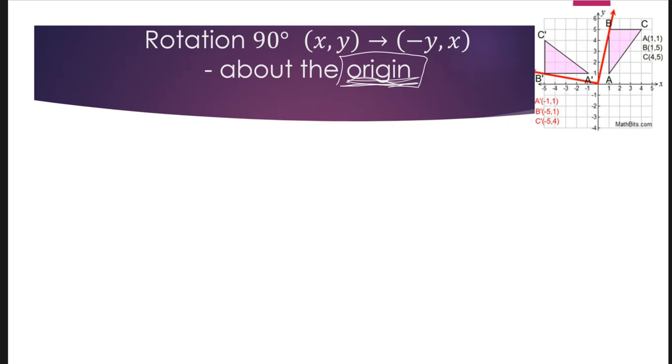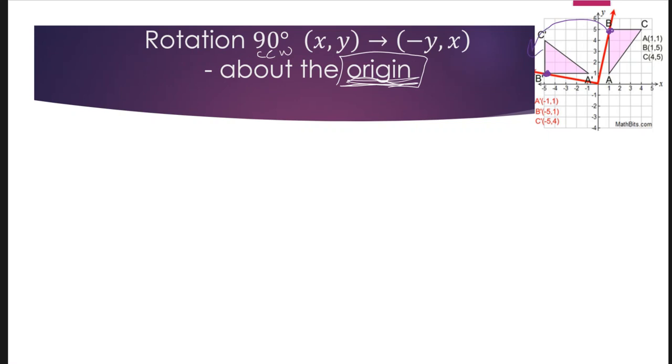If it's a rotation of 90 degrees about the origin, this diagram gives you a good idea of what this looks like: this is my point B, and this is my point B prime. Again, 90 degrees without saying anything means it's counterclockwise. That's the default. So we're going from B this way because we're going counterclockwise.